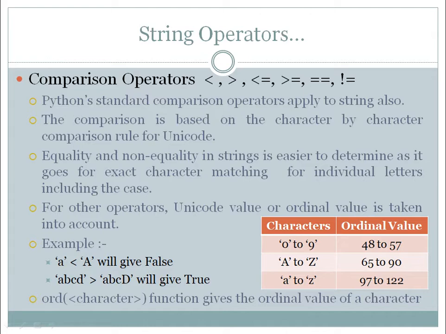Because the mismatch is at d. a, b, c are all small in both the strings, but small d is in the first string and in the second string it is capital D. So the ordinal value of small d is greater. That's why the first string will be considered greater than the second string. Okay, so you must know the comparison in strings is as per character by character matching, and we check for the first mismatch.